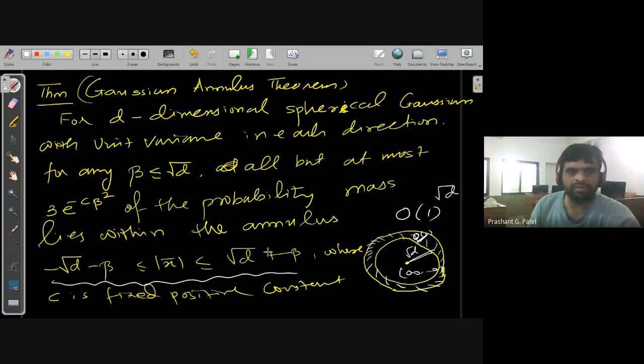So this theorem says that for a d-dimensional spherical Gaussian, almost all mass lies within this annulus. We will not discuss the proof of this, but the theorem is there. You need to understand that.